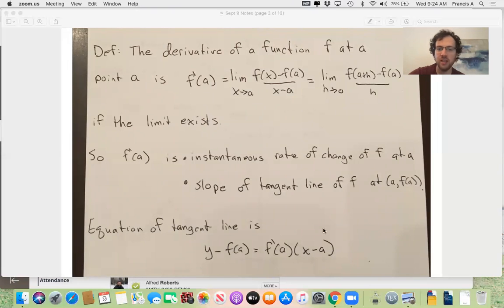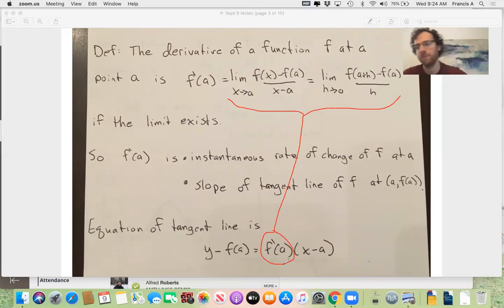So this is a kind of nice succinct way of writing this down, but it's a little deceptive because this expression here is saying figure out what this limit in either of these formulations is. And that number that you find, that's the slope that goes here.